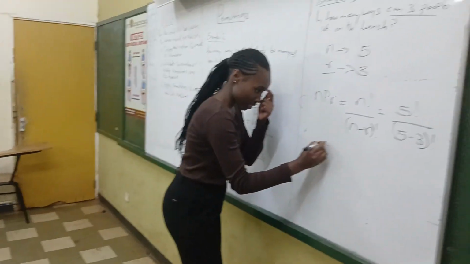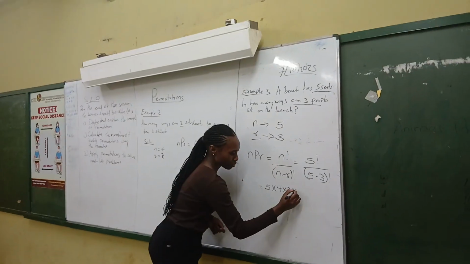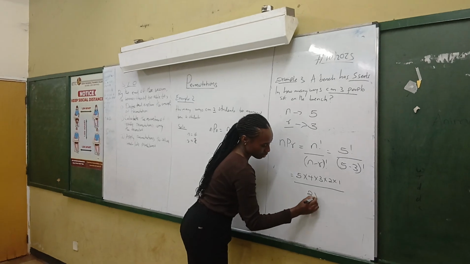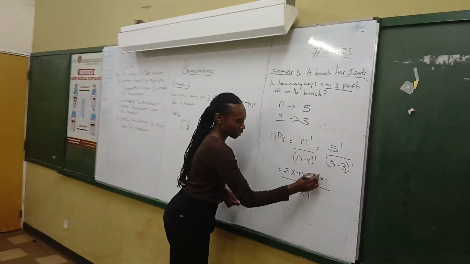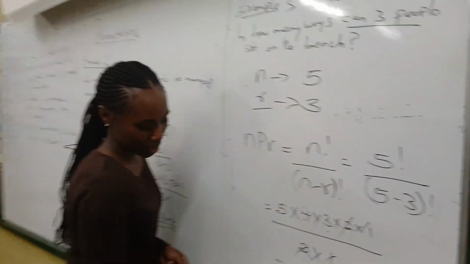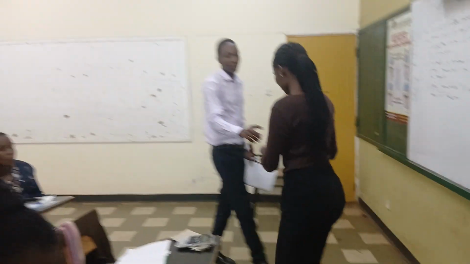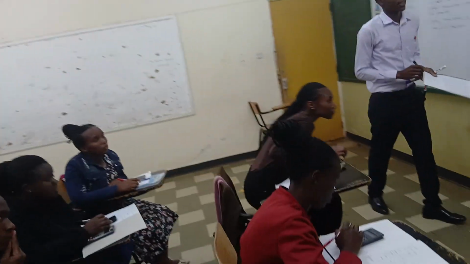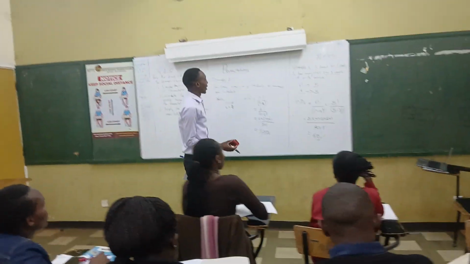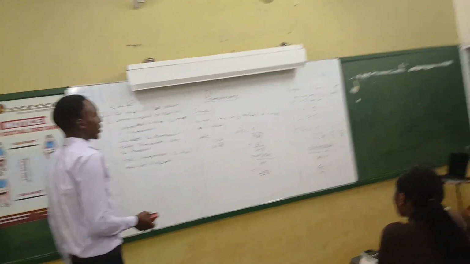So 5 factorial is 5 times 4 times 3 times 2 times 1, and 5 minus 3 is 2, therefore we have 2 times 1, so we can cancel, and 5 times 4 times 3 gives 60. So we have 60 ways. Very good. Is it correct, class? Yes, the correct answer. That is how to apply the formula in calculating the number of permutations.